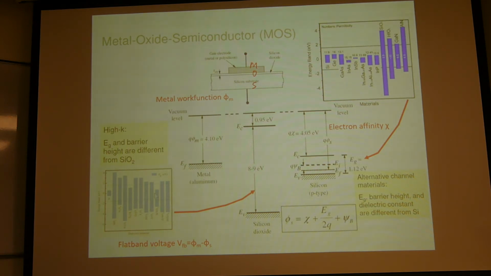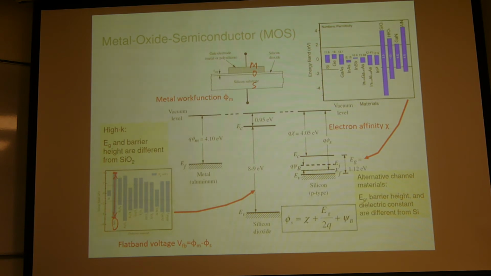For the oxide, there are different kinds of oxide in this plot. I will not go into the details, but basically different oxides may have different band gap. And the silicon dioxide here, this is the band gap for the silicon dioxide, and it's very large.